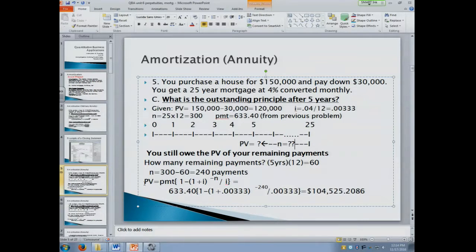So we want to know the present value given the payment, given N is 240 and I is 0.0033. So the present value of what we owe, the remaining we owe, is $104,525.21.